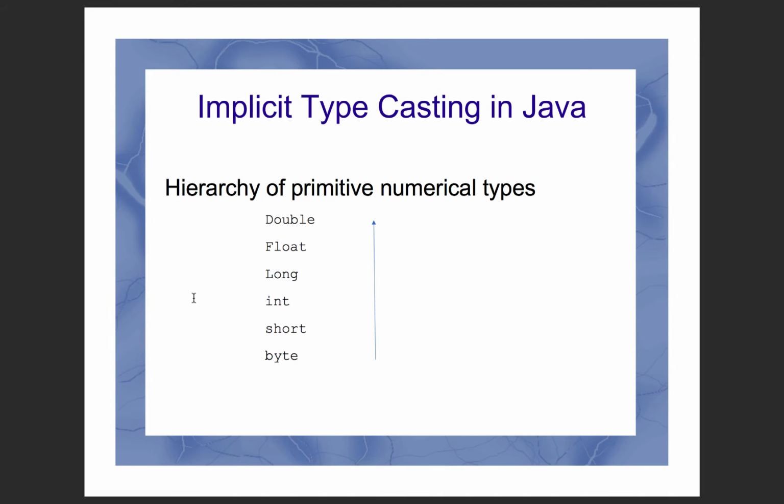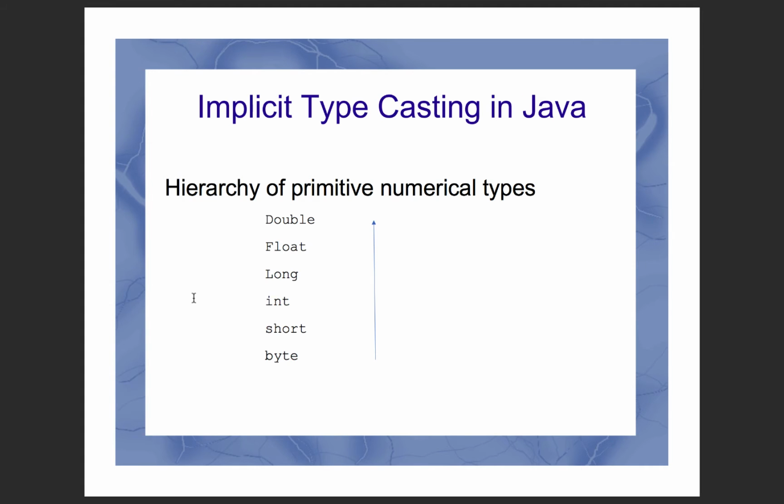Before that, we know that Java has 8 primitive types. What are those numerical ones? Double, float, long, integer, short, and byte. These are the 6, and we also have two more types, for example the char type. So here is given a hierarchy of primitive numerical types.